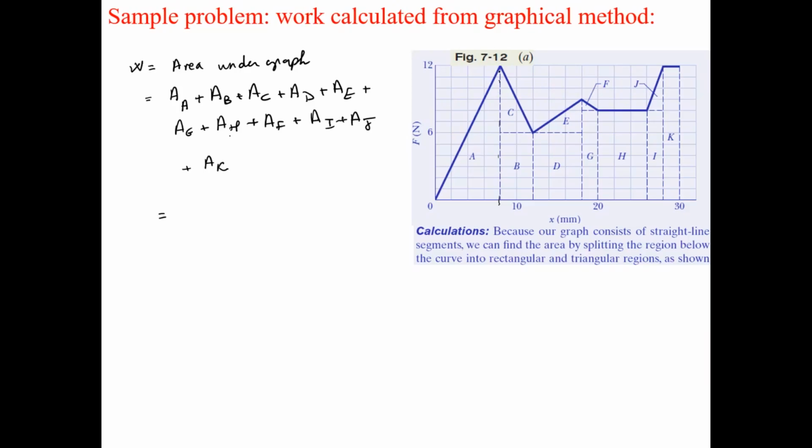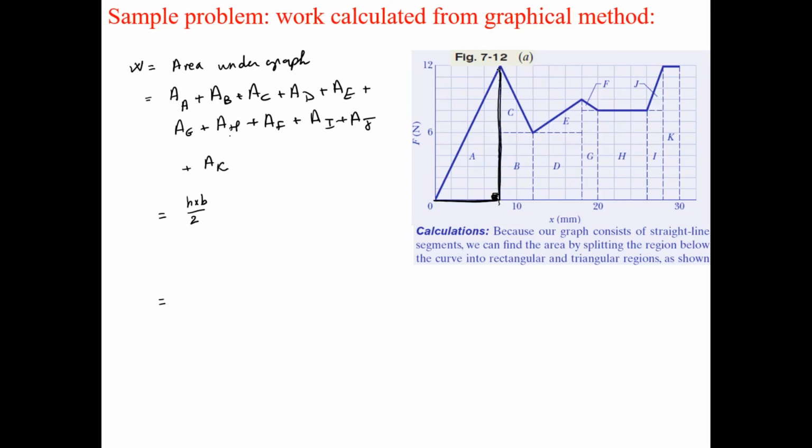Under section A, the area is none other but the area of a triangle. To find the area of this triangle, I'll use height times base over 2, which is the formula of the area of a triangle. How much is the height? Here it is.